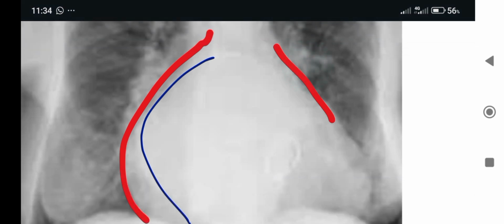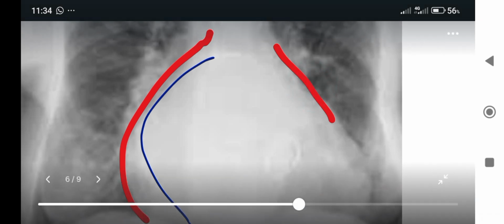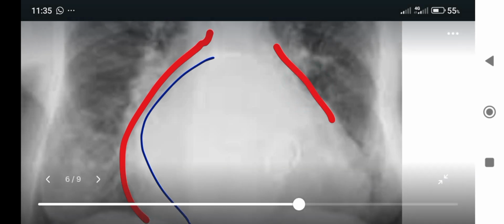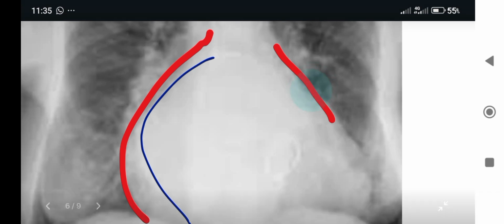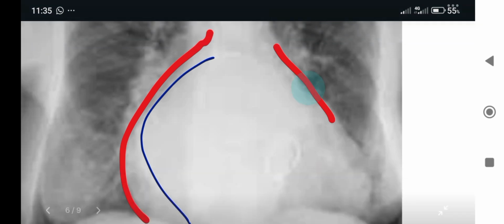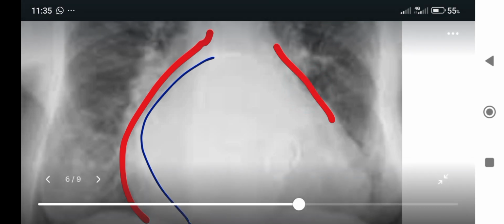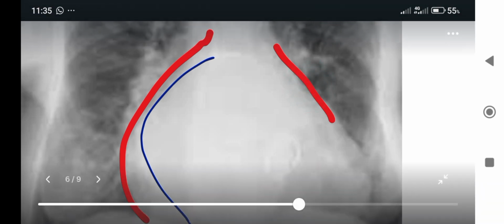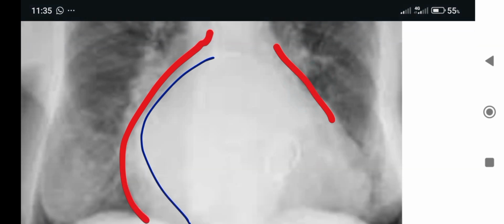This pulmonary vasculature here is supposed to be flat or slightly concave, but it's straightened because of enlargement of the left atrium. You can see we can't appreciate any concavity in this portion. It's straightened and bulged out. So that is due to left arterial enlargement.